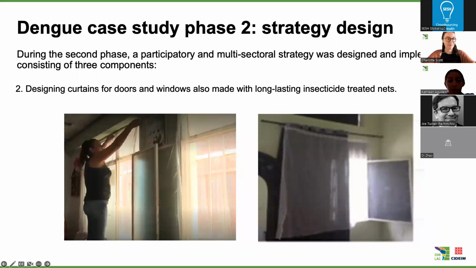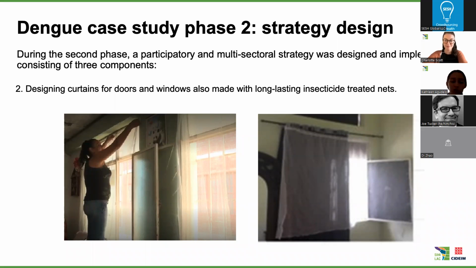It was a participatory process, the first component also, because the covers were fabricated by different local providers. So it's an important aspect too of this experience. The second component of the strategy was designing curtains for doors and windows, also made with long-lasting insecticide-treated nets. It was also participatory.